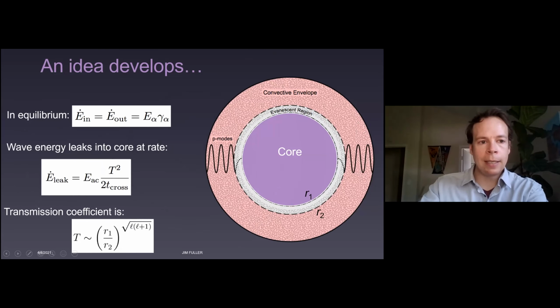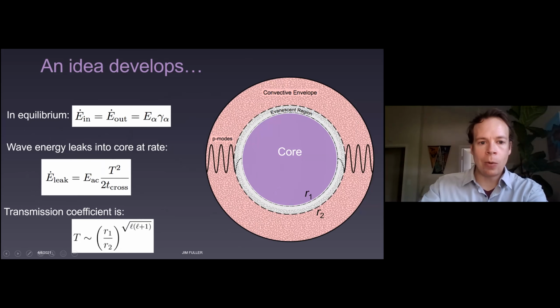Like I said, it's the dipole modes that really tell you about the core of the star. But you can think of the star as basically being like a square well, like a problem you've done in quantum mechanics, except there are two square wells. There's an outer square well where the waves propagate as acoustic waves.